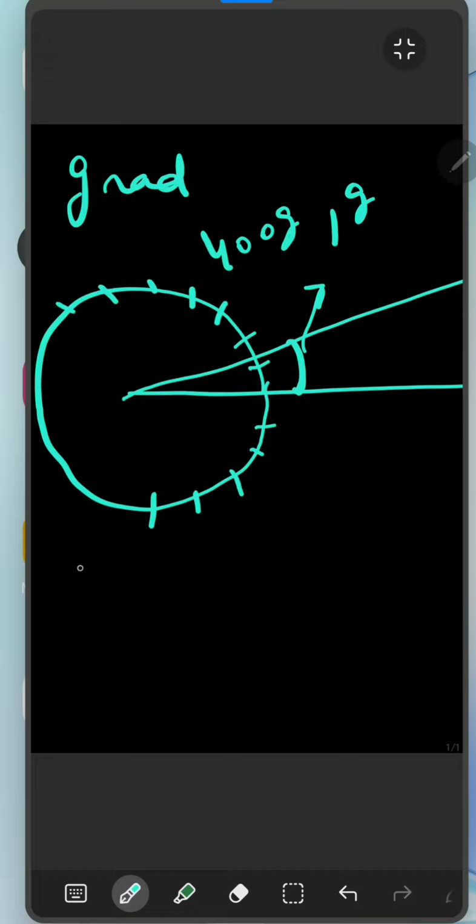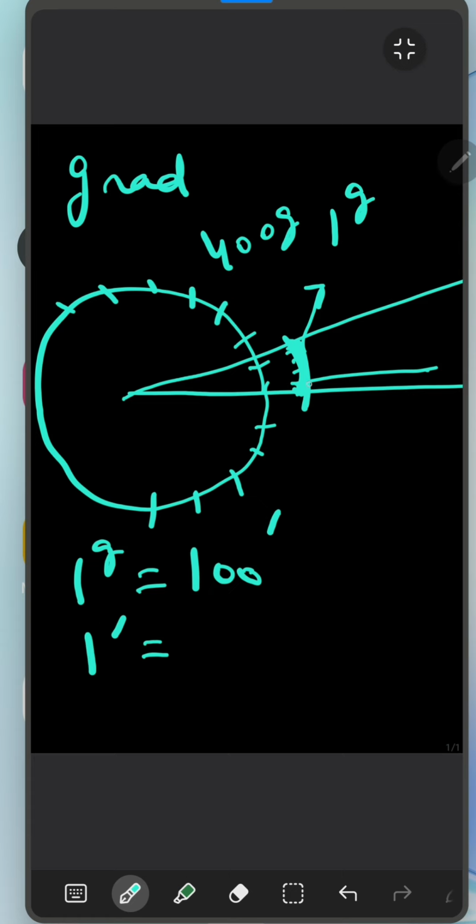Further, if we divide this 1 grad into 100 equal parts, then one of its parts will represent 1 minute. And this 1 minute is again divided into 100 equal parts, then 1 minute will be equal to 100 centesimal seconds.